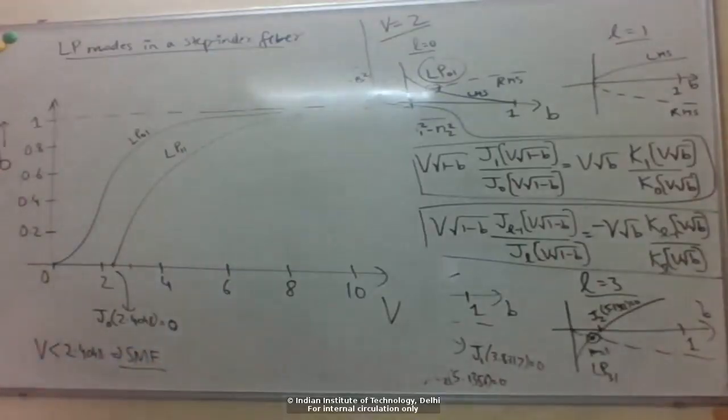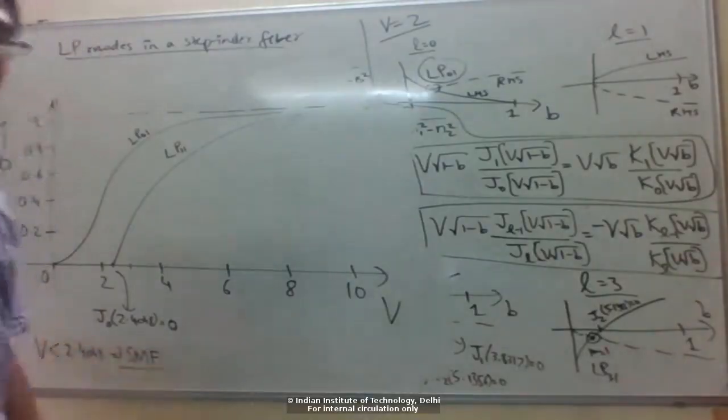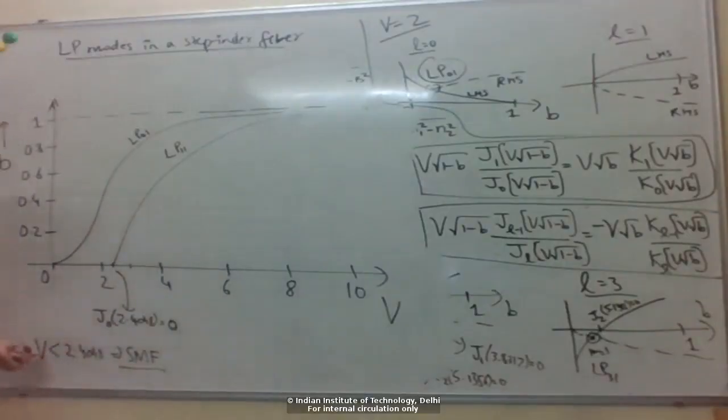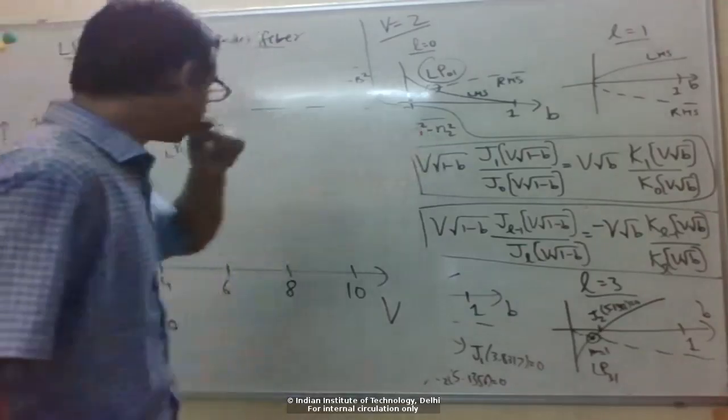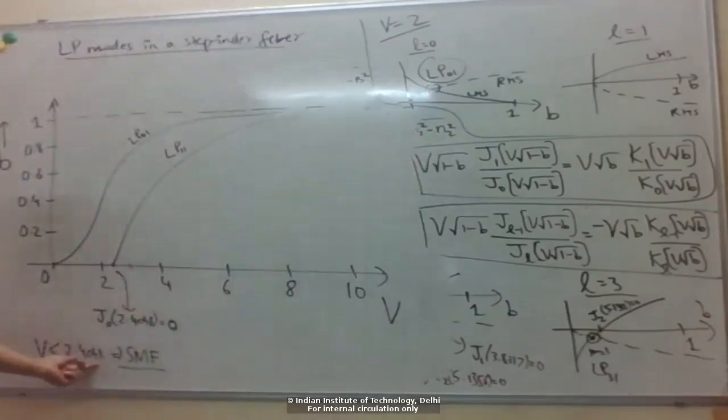Nowadays, as mentioned previously, for most applications, especially telecommunications, single mode fibers are used, for considerations of dispersion, etc. So to design a single mode fiber, you want to make sure that the V number is smaller than this value. When you choose the core size and the refractive index difference, you have to choose such that the V number is less, and the only mode which is supported is this LP01.